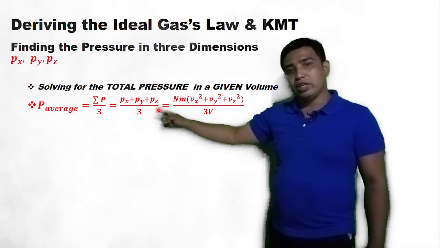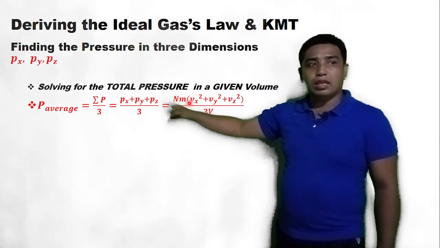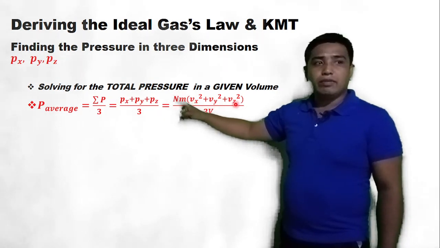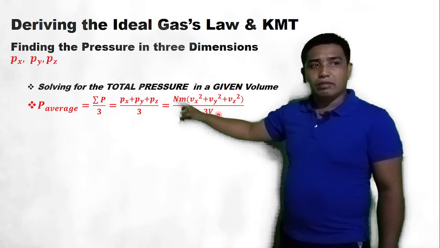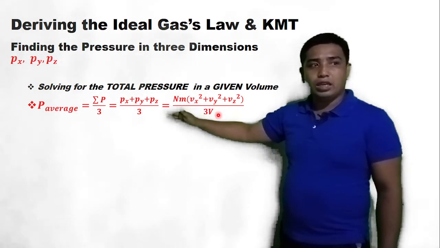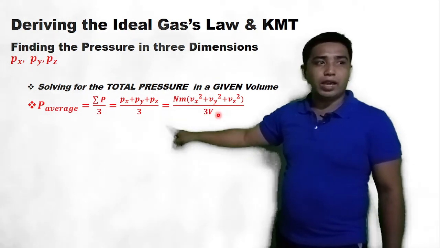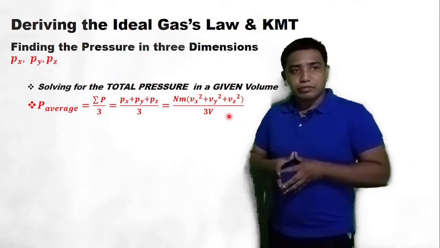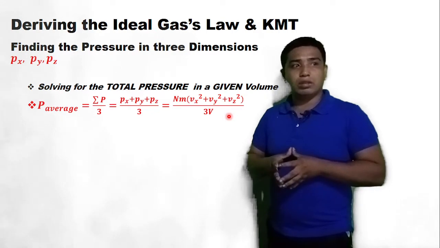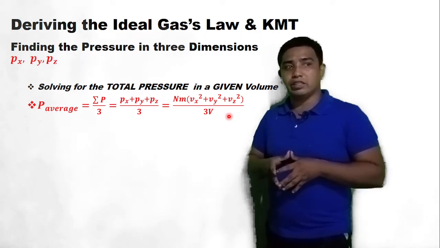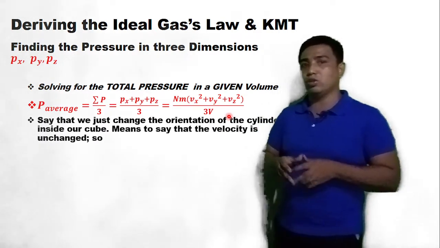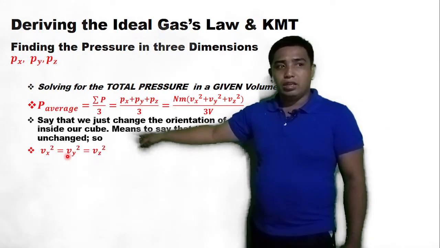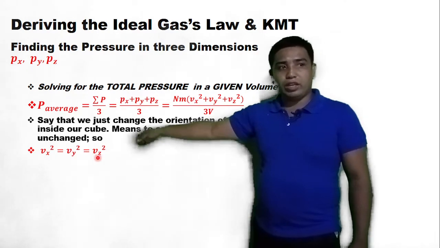We can just factor out N times m times the quantity vx squared plus vy squared plus vz squared all over 3 times V. And we will find that we just changed the orientation, but the velocity of the particles does not change, and vx here is equivalent to vy and is equivalent to vz.